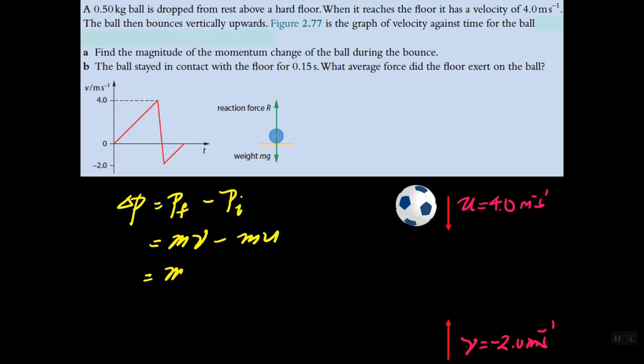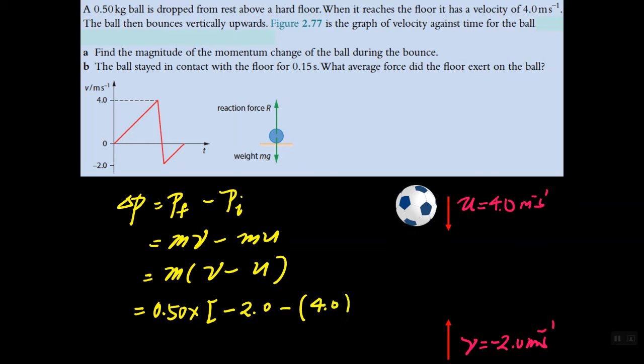We take out the common factor mass, which gives us final velocity minus initial velocity. We plug in the values: 0.50 times final velocity minus 2 minus initial velocity 4. So that gives us minus 3.0 newton second. The minus sign indicates the direction, as momentum is a vector quantity.